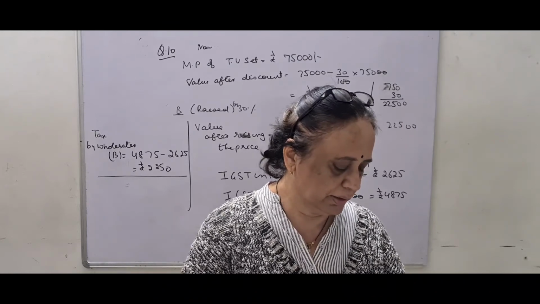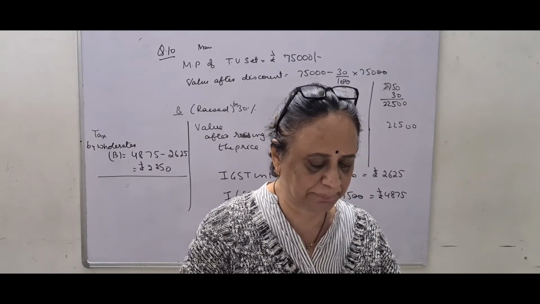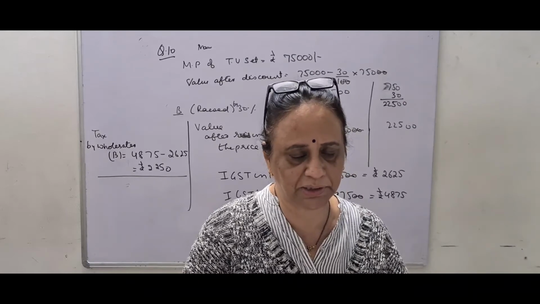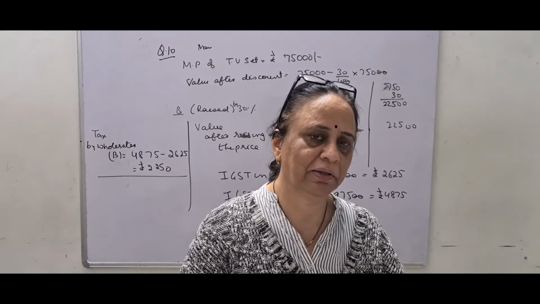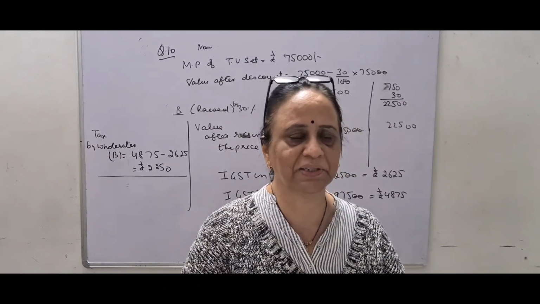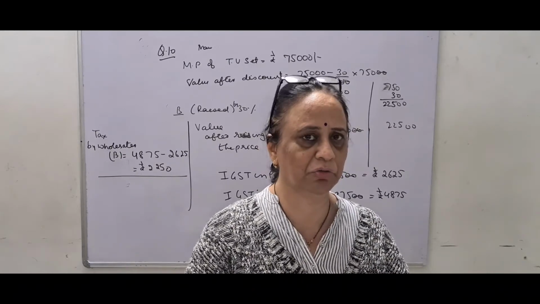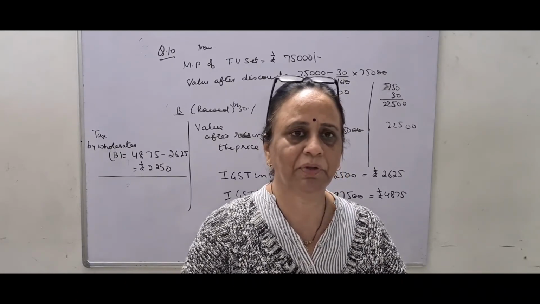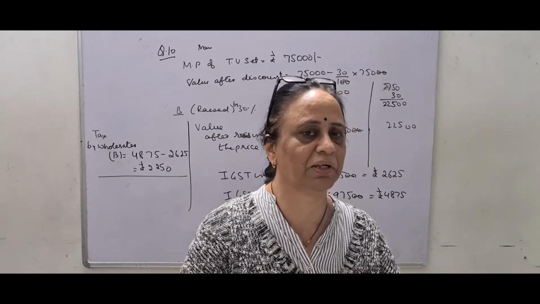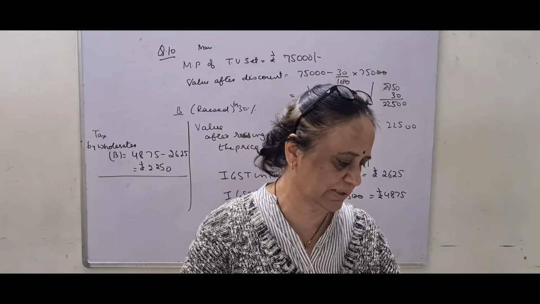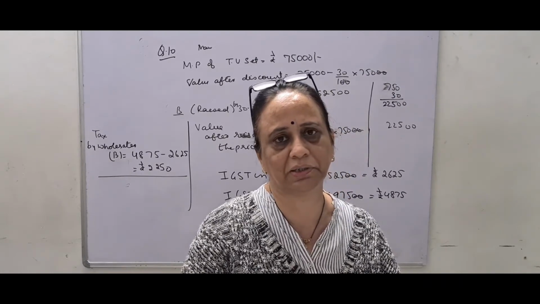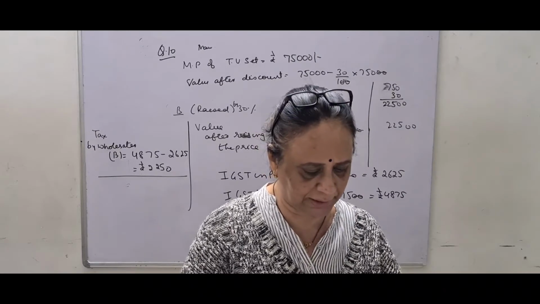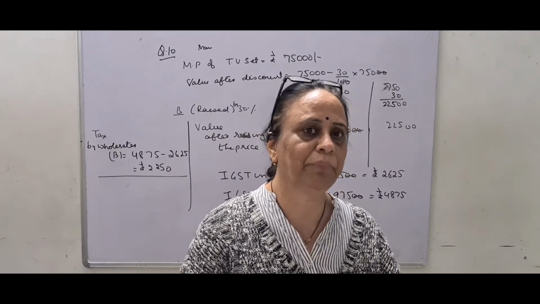But the customer wants to reduce the price to such an extent that he only pays the amount 15,680 including GST. So what reduction does the customer want? The total amount for the customer is 15,680. But for the shopkeeper, or the trader, it has to be the basic price.